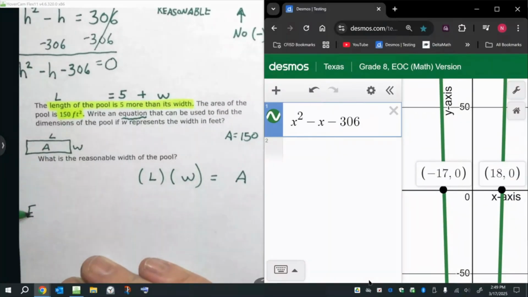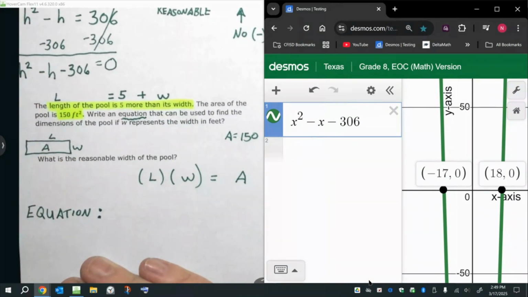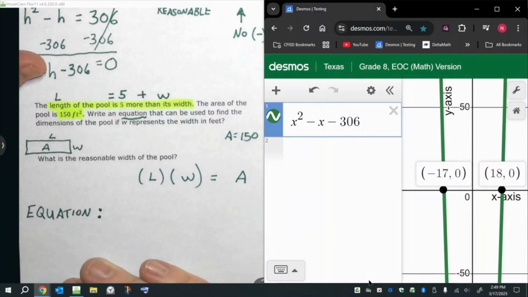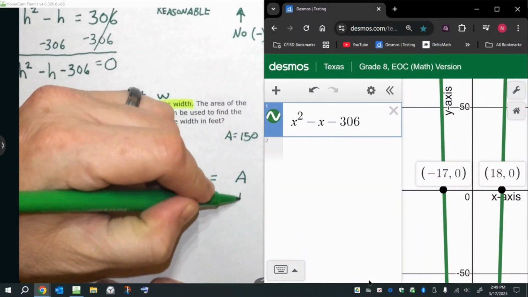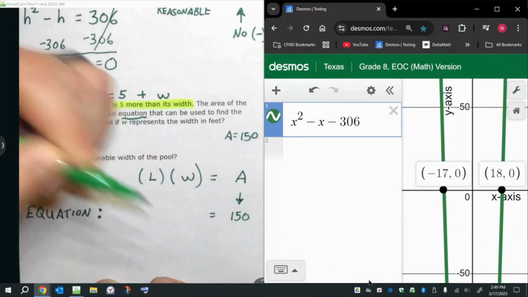Write an equation that can be used to find the dimensions. Okay, so here is going to be our equation. So length is 5 plus W. All right, and then I want to find the width. Okay, so here's what we know. We know that 150 is my area.